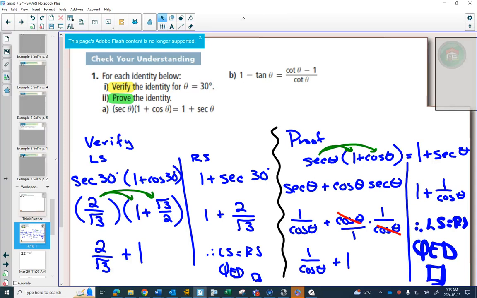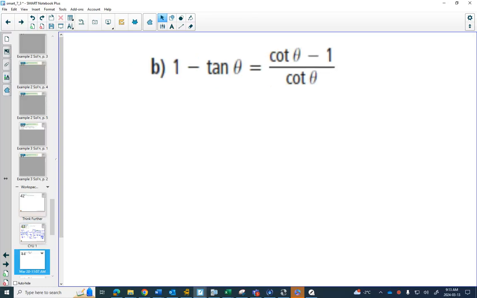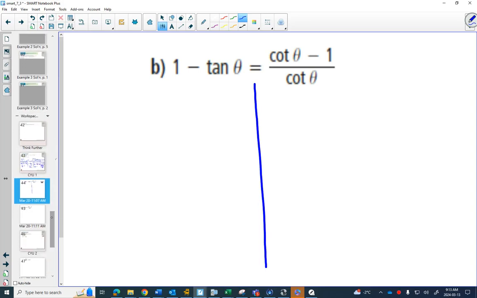For part B, we're just going to prove. Save ourselves some time here. And we're going to actually do part B in a couple of different ways. We're going to start with the strategy I taught you because that's what's in your head.